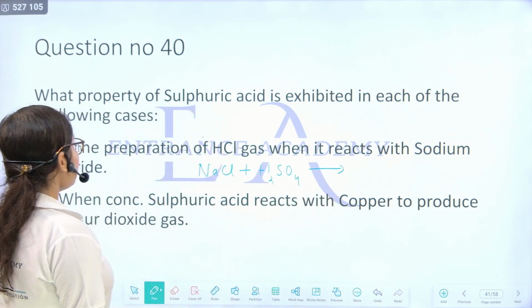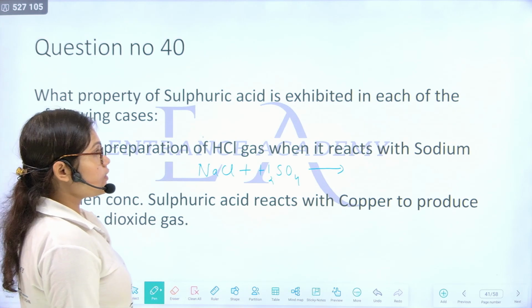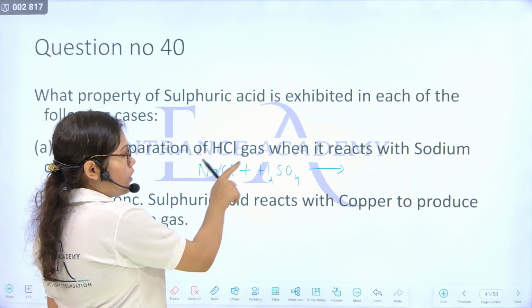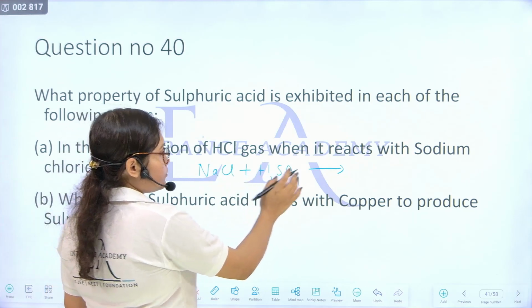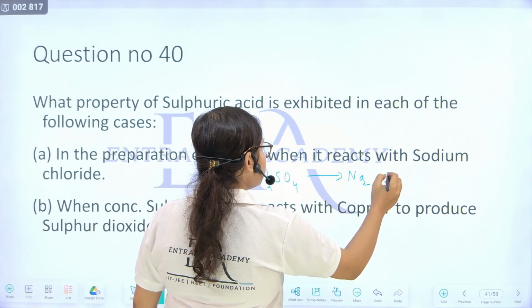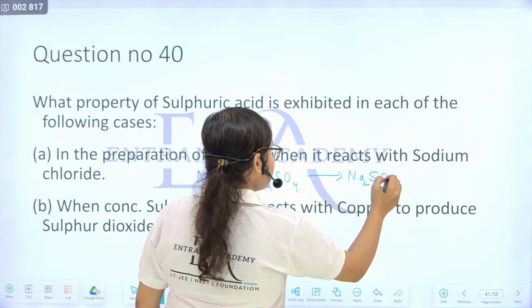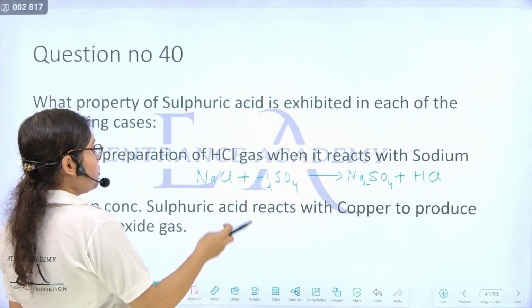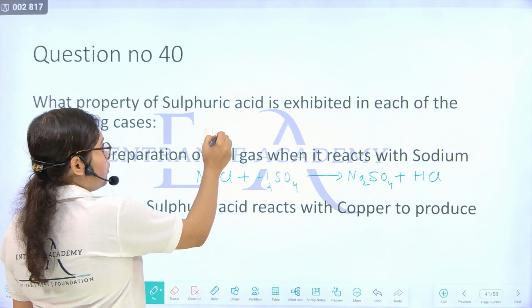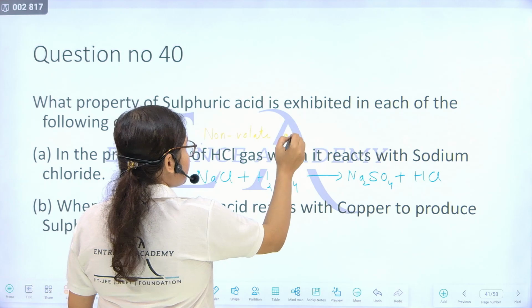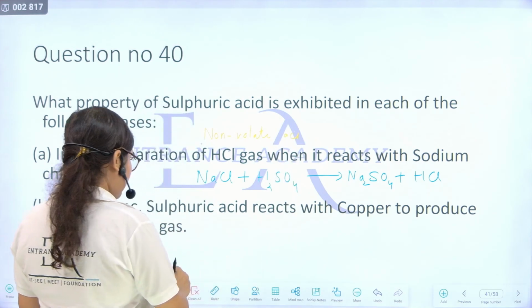What property of sulfuric acid is shown? It is the non-volatile nature.